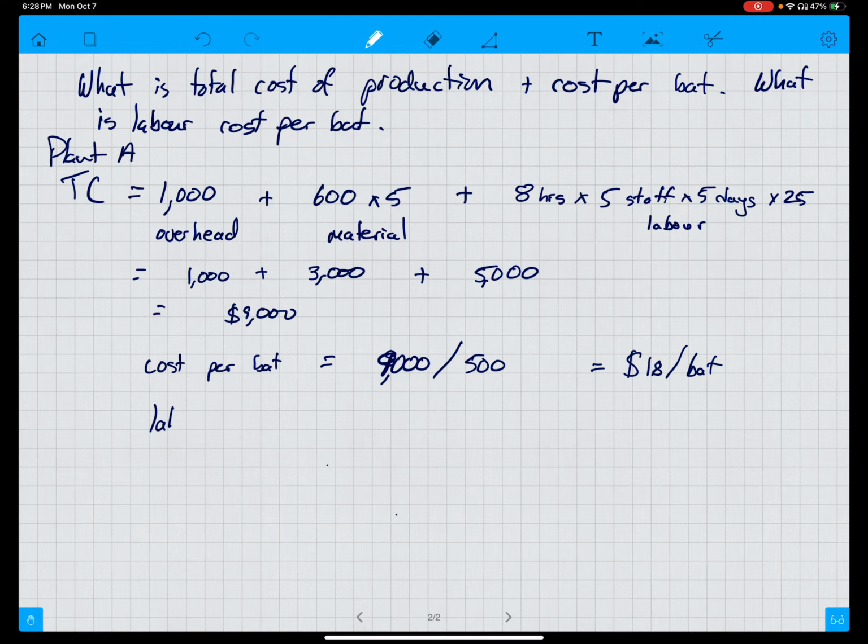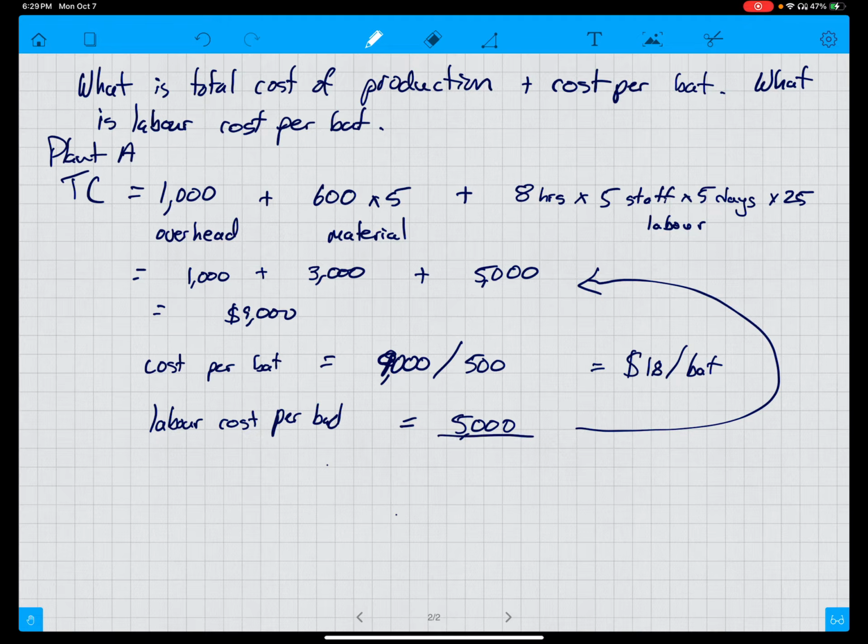Labor cost per bat is equal to 5,000, which is taken from there, divided by 500 equals $10 per bat. Pretty straightforward.